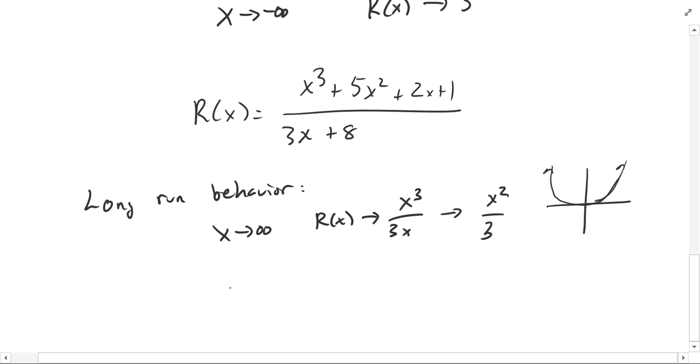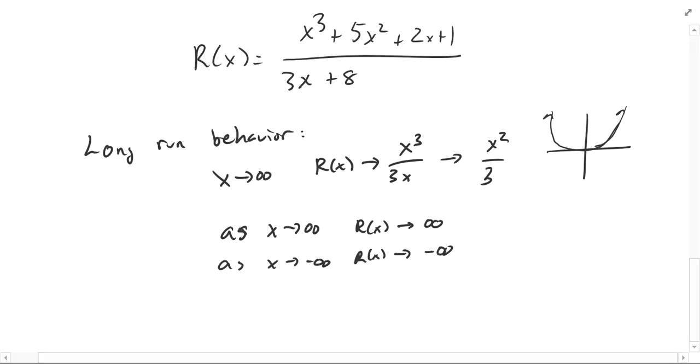So as x tends to infinity, I know that r of x will go to infinity, and as x goes to negative infinity, I'm going to expect that overall U-shape in the long run. R of x will approach infinity.